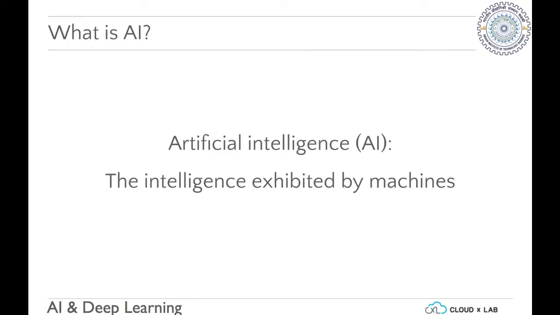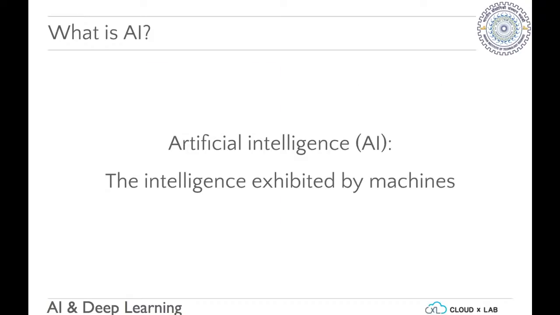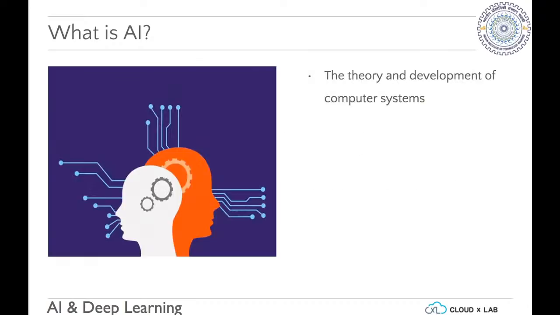AI is essentially an adjective saying this machine is intelligent, so we call it AI, artificially intelligent, right? So the intelligence exhibited by a machine is known as AI. All right, usually we see this question, can AI solve this? No, artificially intelligent machines can solve it, but AI is just an adjective, okay?